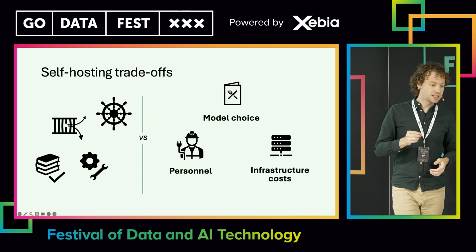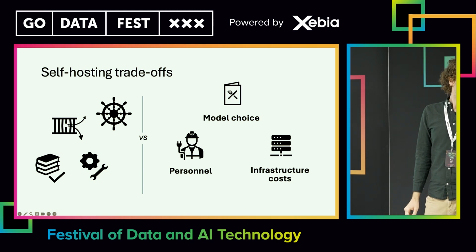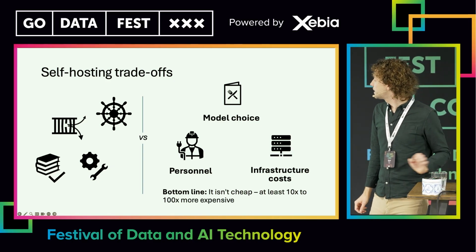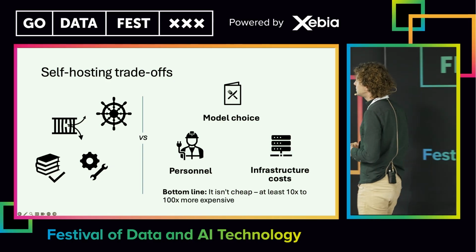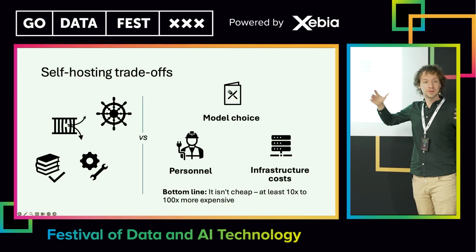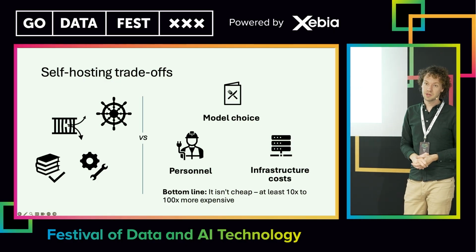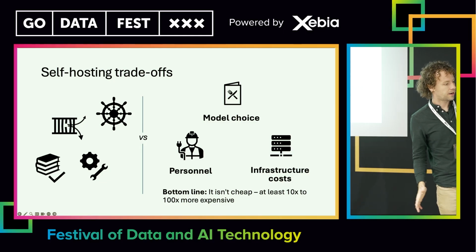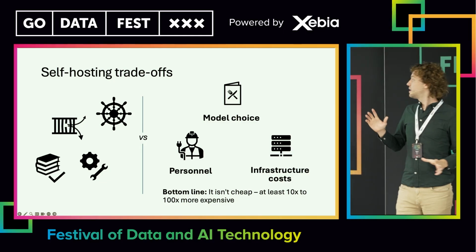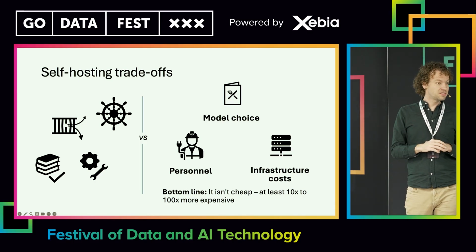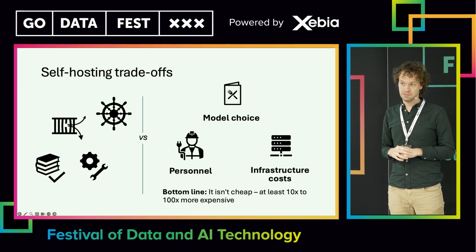What we see in the end is cost. Your personnel incurs more cost, and the infrastructure also incurs cost. What we see in our experience is that it is at least 10 to 100 times more expensive per token.